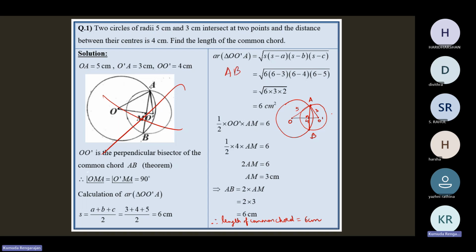AB is the chord common to the two circles. And what is O dash? It's a line segment joining the centers. Now this line segment joining the centers, O dash, that one is the perpendicular bisector of the common chord AB.